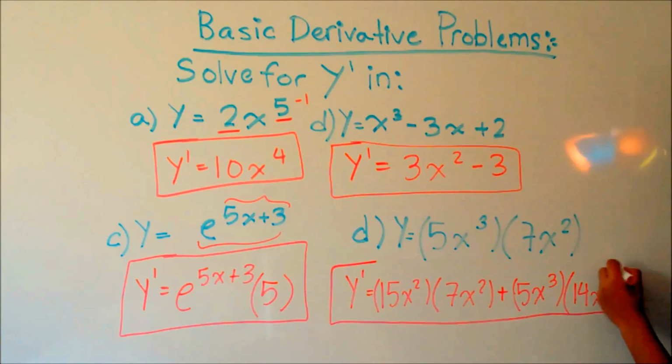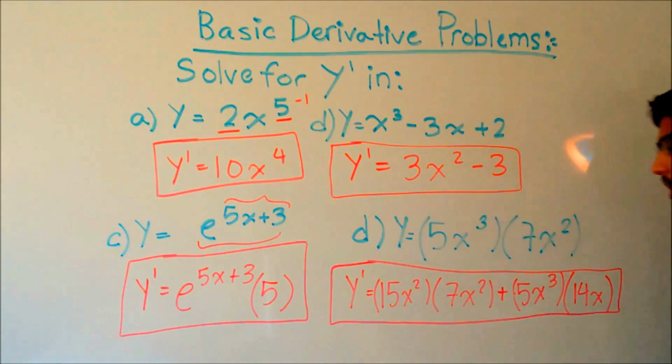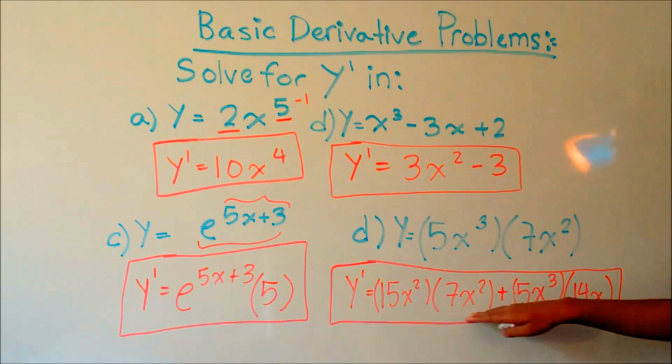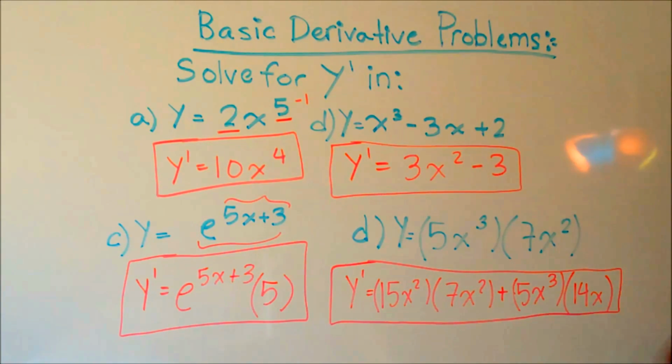So the answer to problem D is y prime is equal to 15x squared times 7x squared plus 5x cubed times 14x.